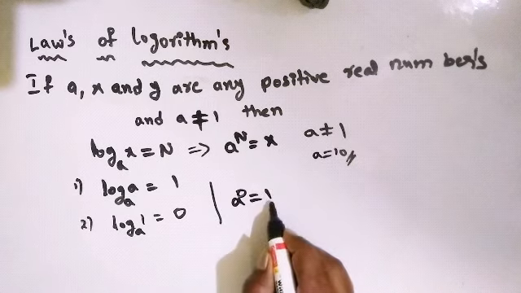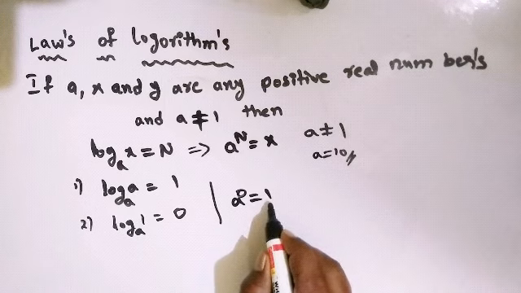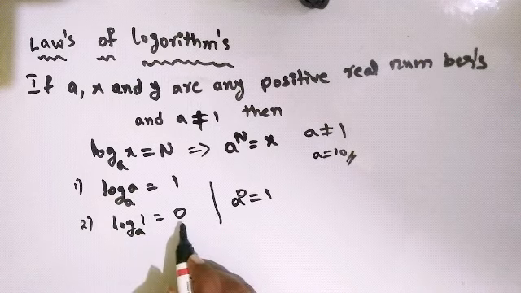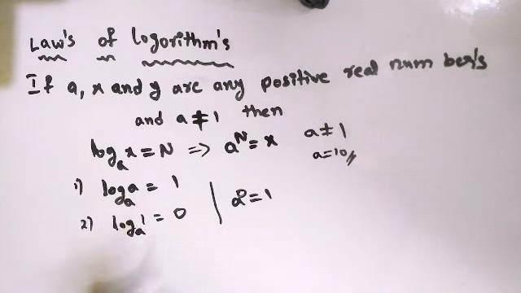A to the power of 0 is equal to 1, we have that formula. That is the reason log base a 1 is equal to 0. So log base a a is equal to 1, and log base a 1 is equal to 0.